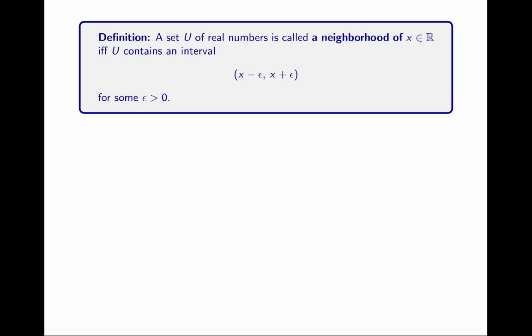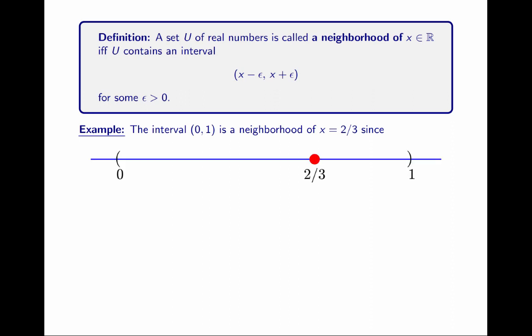That's really another way of saying U is a neighborhood if x is an interior point. In other words, there's some space between x and the edge of U, wherever the edge of U may be. So for example, the open interval 0, 1 is a neighborhood of 2/3 because 2/3 is on the inside. There's some space between 2/3 and the edges.